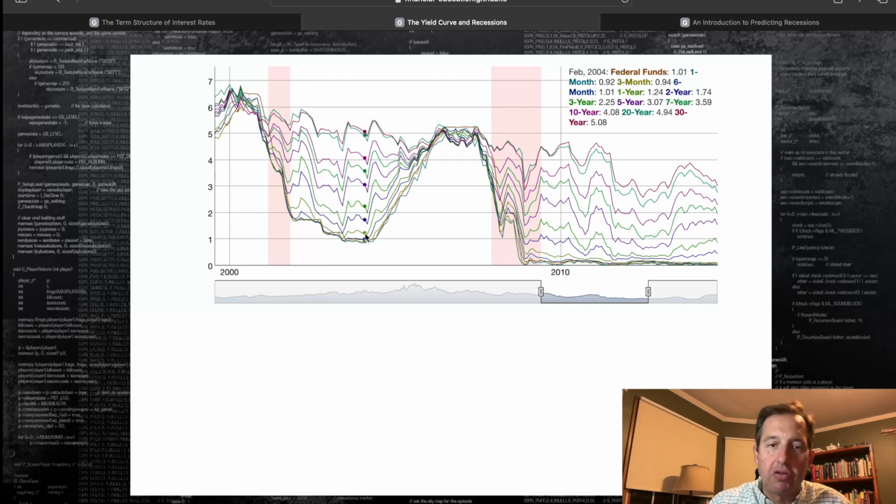But we're using the yield curve as an indicator of the term structure. So what happens going into 2007 is we get an inverted yield curve, right? Here we have the 3-month rate at 5% and the 30-year rate at 4.87%. So it's slightly inverted, and it's basically flat. And then we get a recession shortly thereafter.